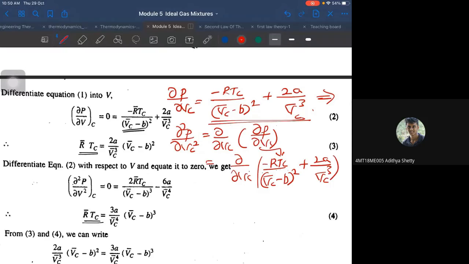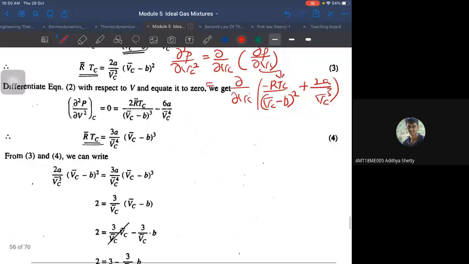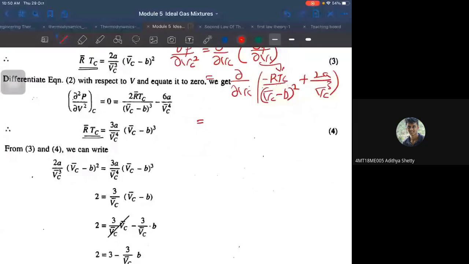Now differentiating this again with respect to Vc. Minus R into Tc, I will take it out. Now if you take the denominator term to the numerator, it will be (V bar C minus B) to the power of minus 2. I am just concentrating on the first term first. Taking this to the numerator, it will be (V bar C minus B) to the power of minus 2.